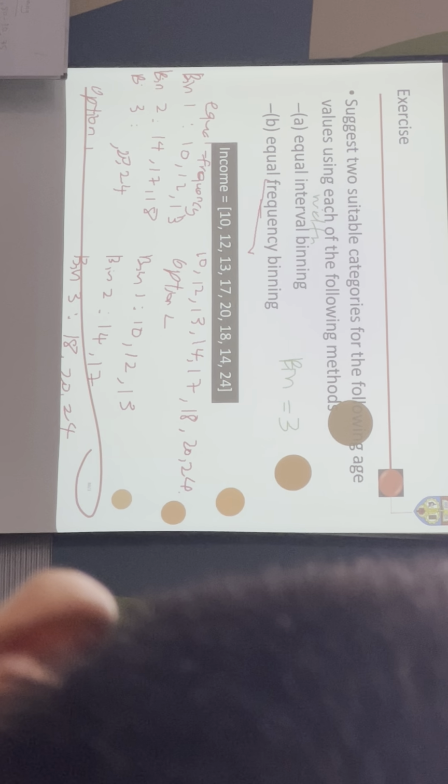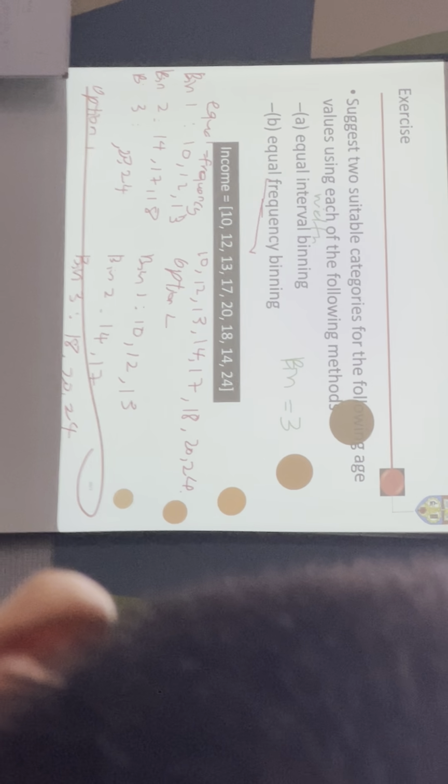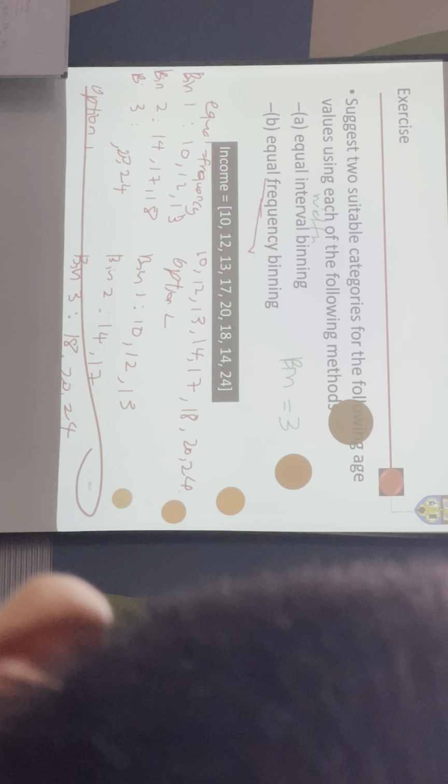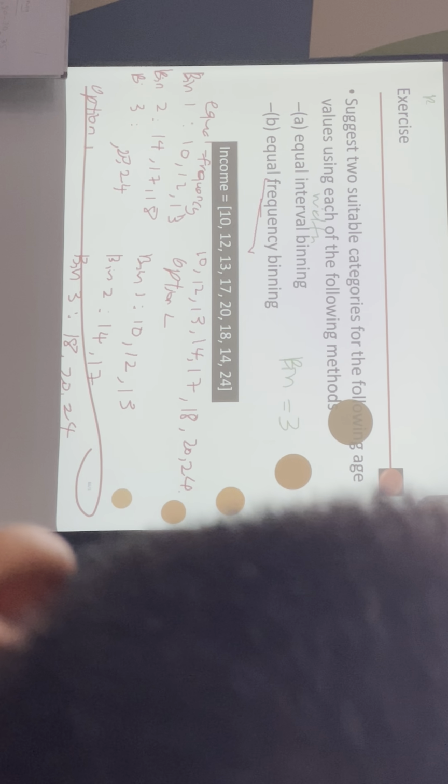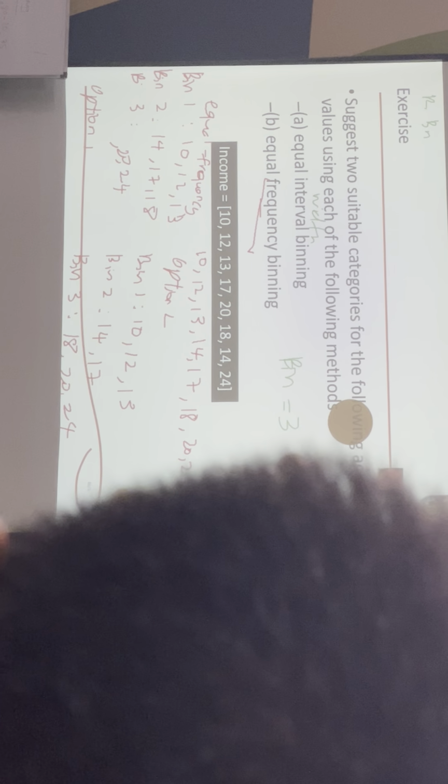Okay, and then for equal width, we calculate the width first. So what is the range for bin 1?